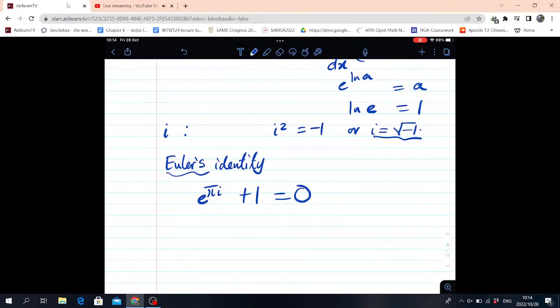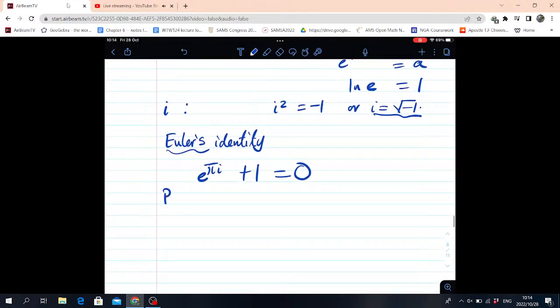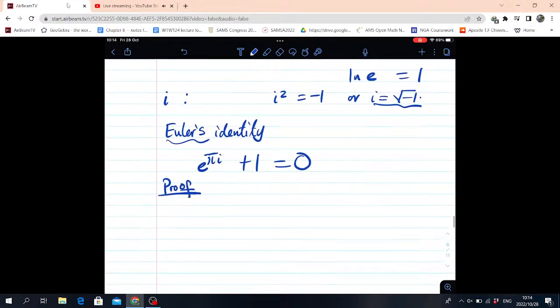Right, so let's see how we can prove this to be true. If we say e to the theta i, which can be written as e to the 0 plus theta i, if we're writing it in standard form, this would just be equal to e to the 0 times cos theta plus i sine theta, right? By the definition that we are given.